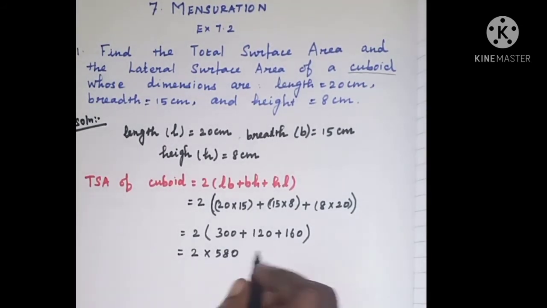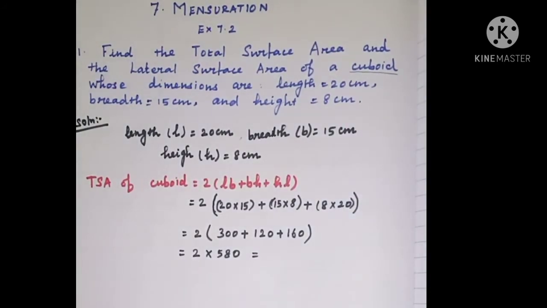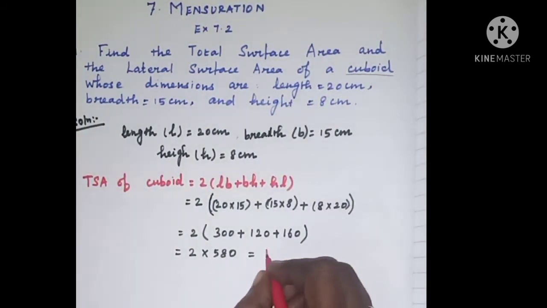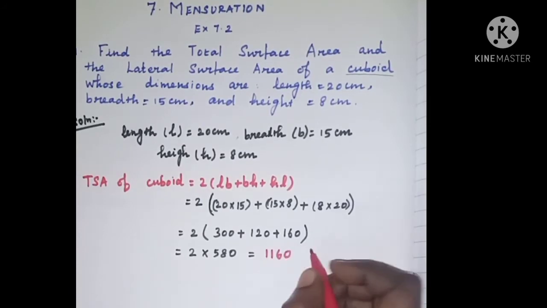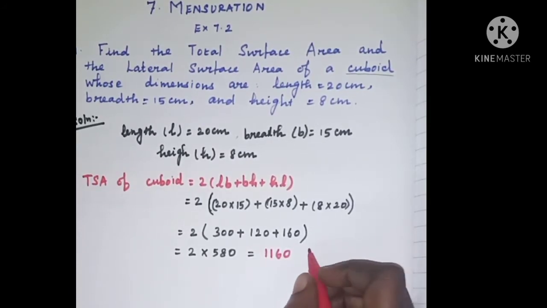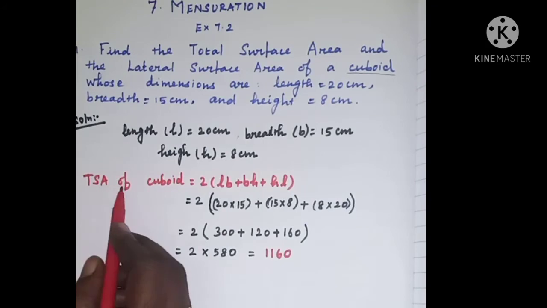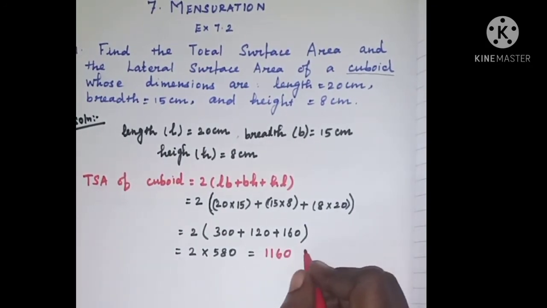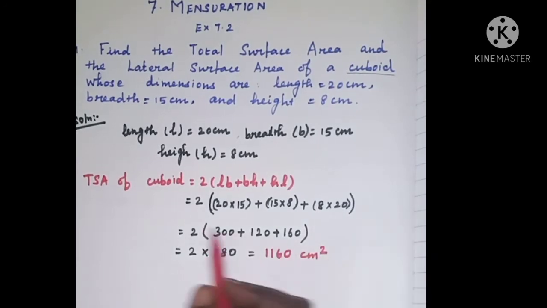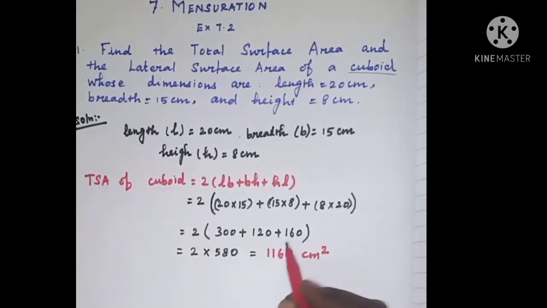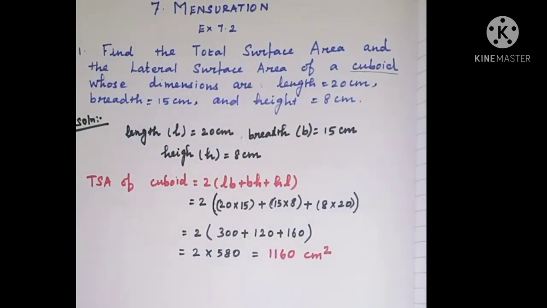So 2 into 580 is equal to 1160. 1160 is the total surface area of the cuboid. Here they are asking area, so we have to write the unit as centimeter square. So total surface area of the cuboid is equal to 1160 centimeter square.